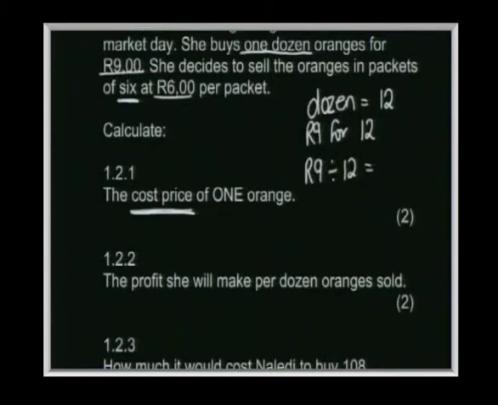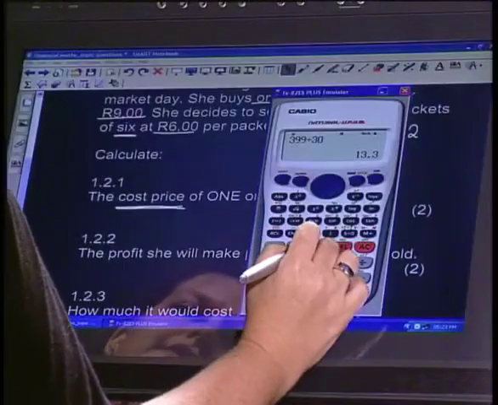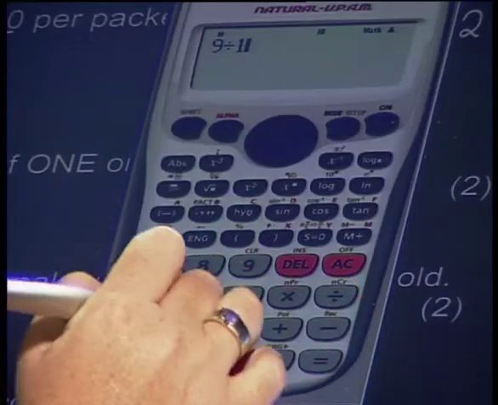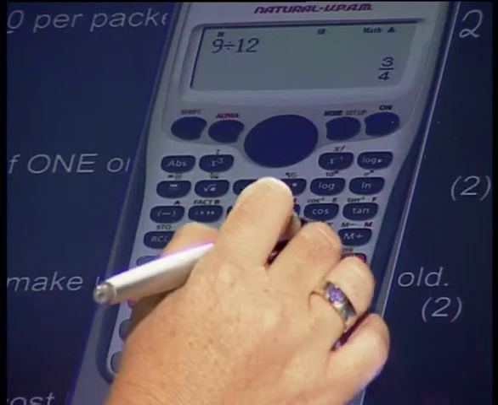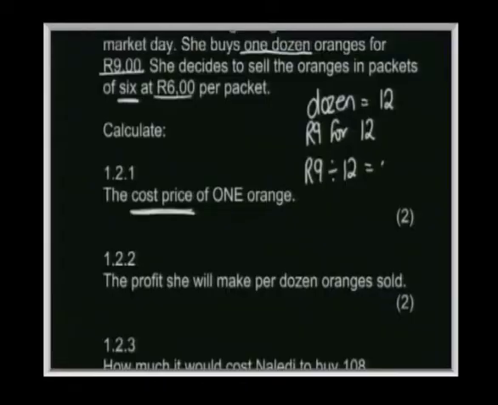And again, I can use my calculator. 9 divided by 12 is equal to 3/4. That's not really a decent answer for money, so I'm going to change it to decimals, and it's 0.75. What does that actually mean? It means that it's 75 cents. I could write it as 75 cents or 0.75 with an R in front, and those would be my answers.